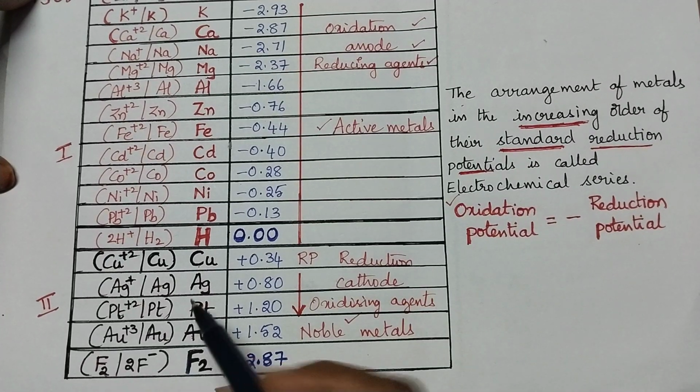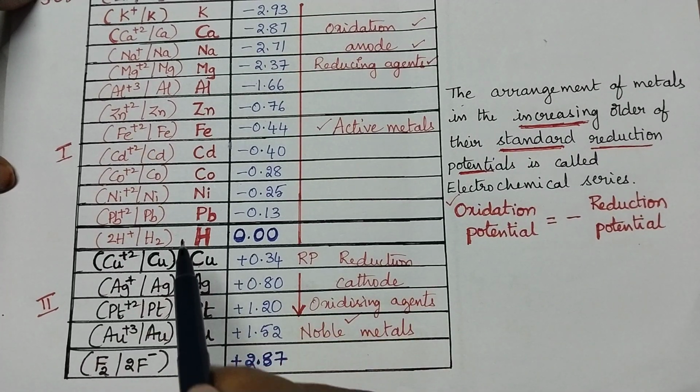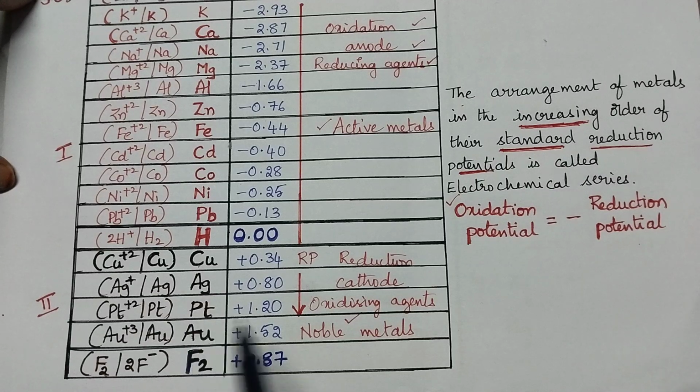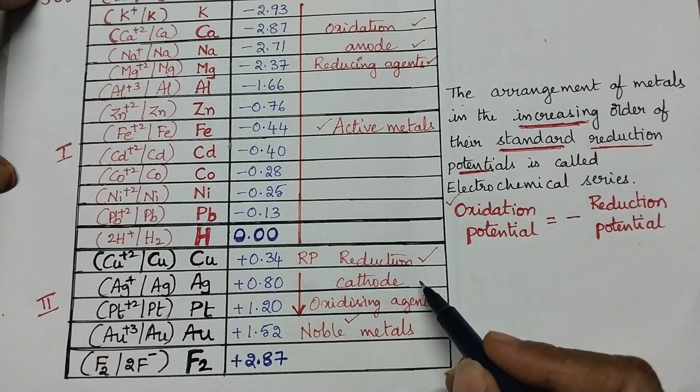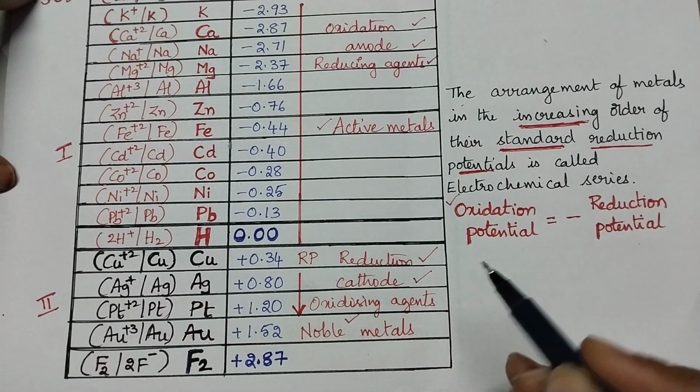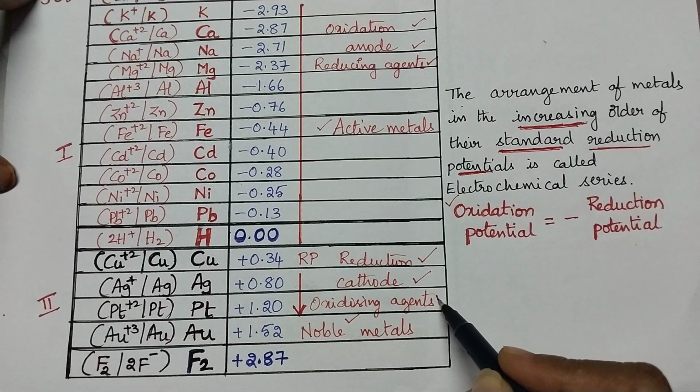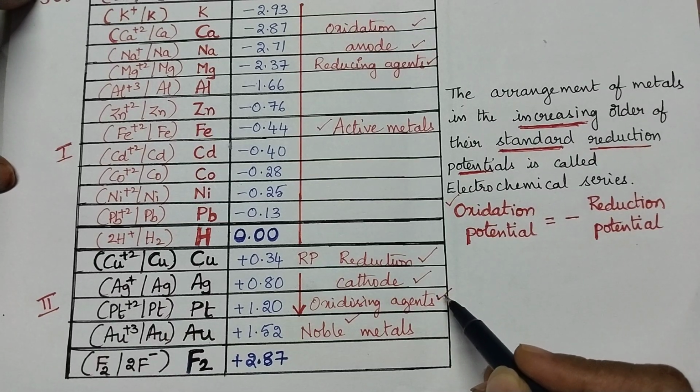So the metals which are placed below hydrogen are called as noble metals. They can act as cathode. Why? They are having greater tendency to undergo reduction more readily. Thus, they can act as cathode and they can be used as best oxidizing agents.